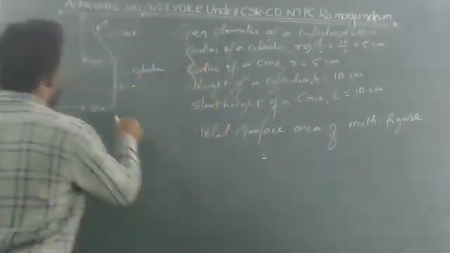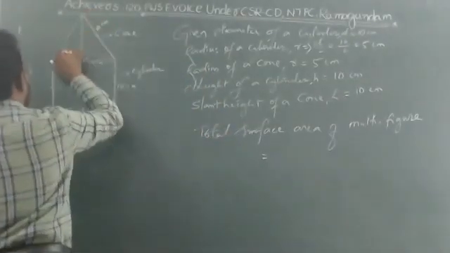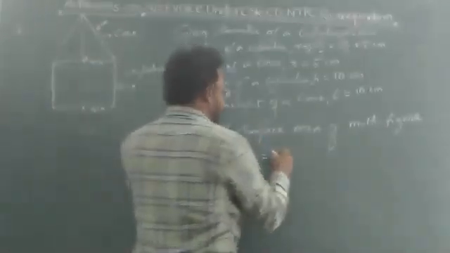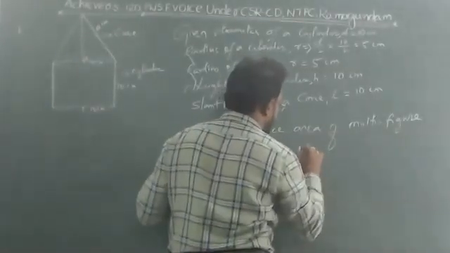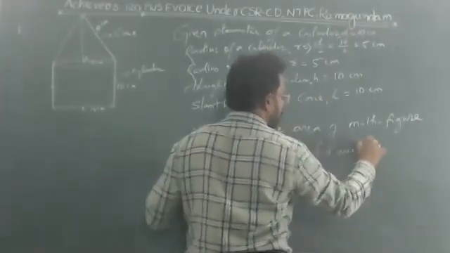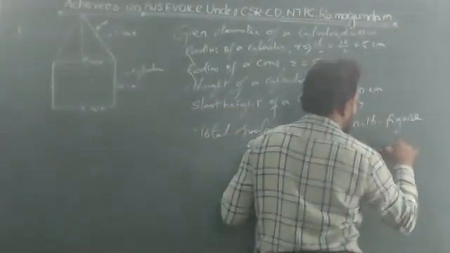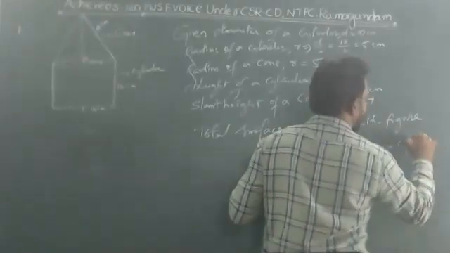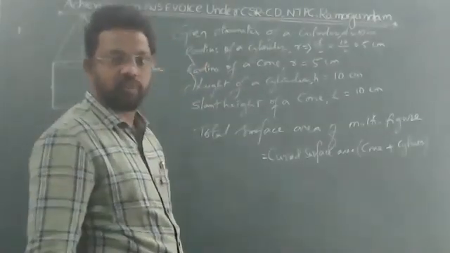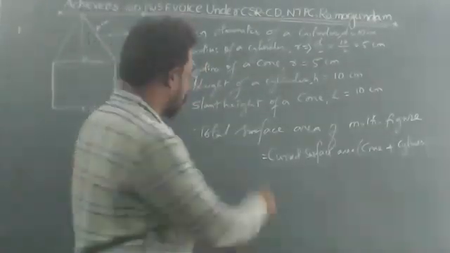This is only the total surface, only the outline. We have to go with only outlines. That is the formula. Total surface is nothing but the curved surface area of the cone plus the cylinder. Both curved surface areas of the cone and the cylinder, both we have to take.